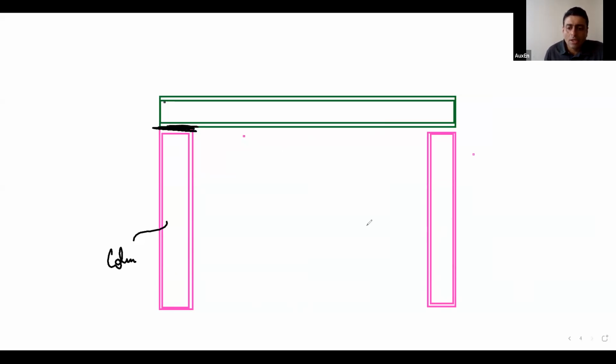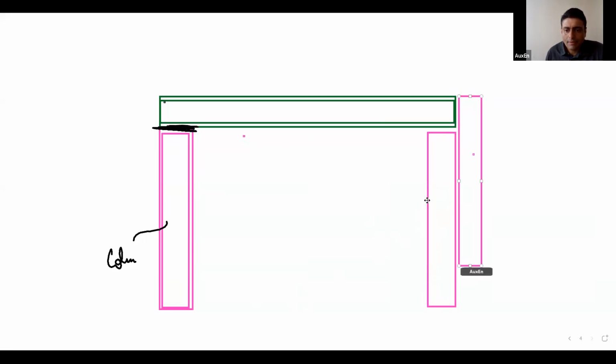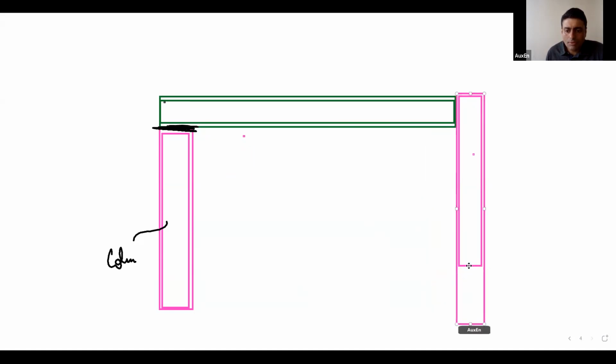If, let us say, the project requirement was such that you were going to install this beam in this way, on the face of the column, then the connection will be provided over here.